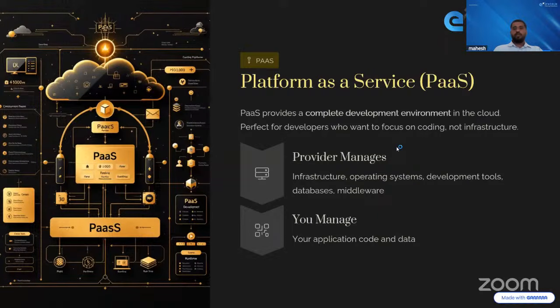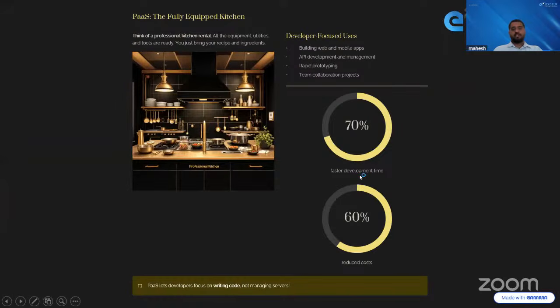So after that, this is 70% faster development time, 60% reduced cost. See, PaaS lets developers focus on writing the code, not managing the servers. For example, if I'm the developer and I don't have any extra tasks, obviously I will be mostly focusing on the development part.